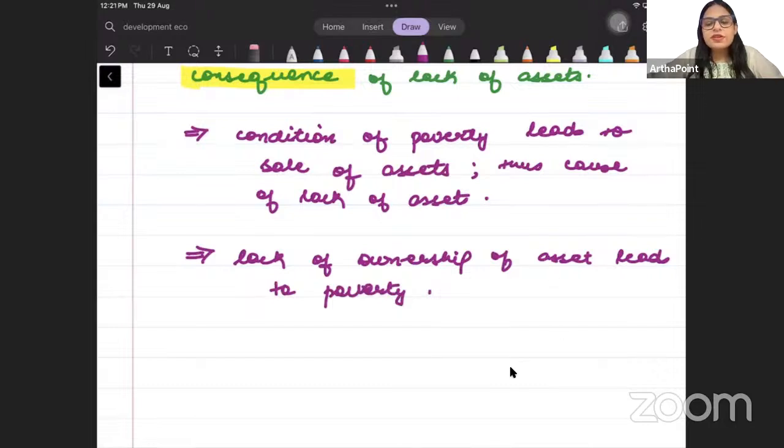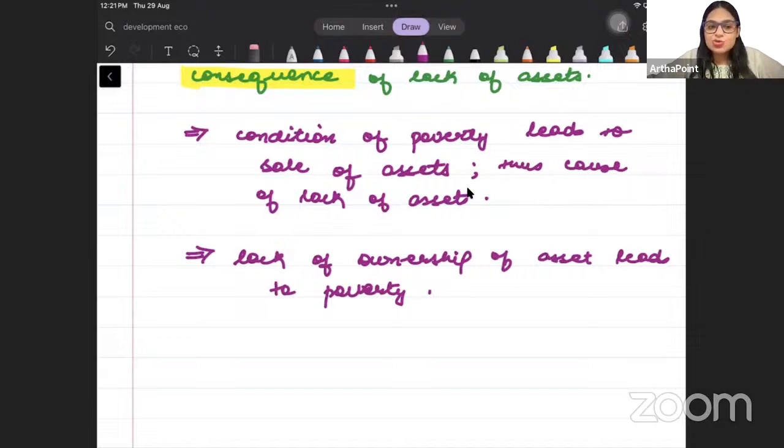Now, when we talk about the rural areas, it has been seen that the major asset in the rural area is land. And those people who are poor lack this asset. That means they are landless. Even when farmers have a very small piece of land, not a very large piece of land, it has been seen that those people are not very rich.